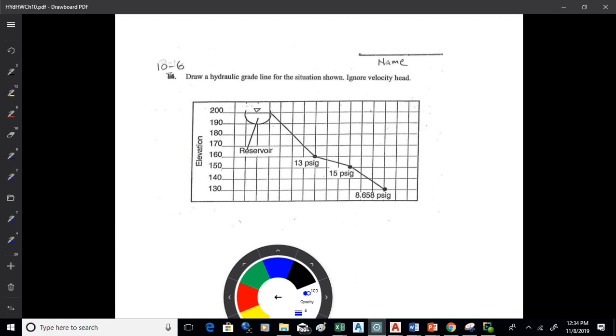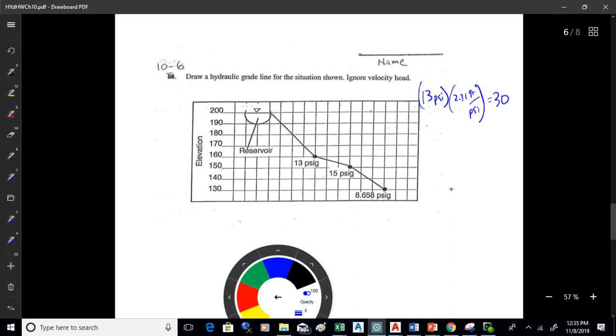So all you got to do here is just take those pressures, 13 psi, and then multiply it by 2.31 feet per psi, and convert those pressures into feet. So that first one comes out to be 30. Okay.